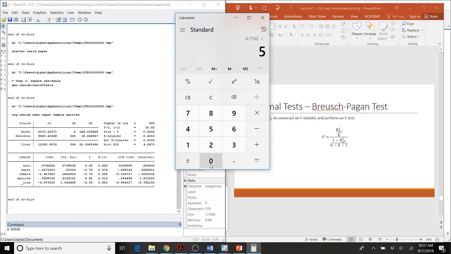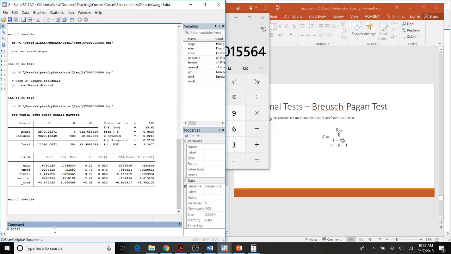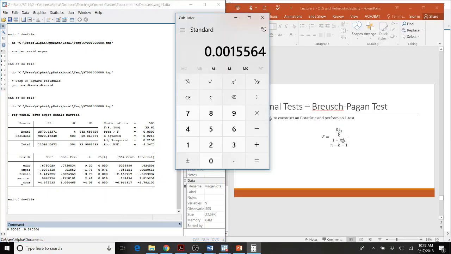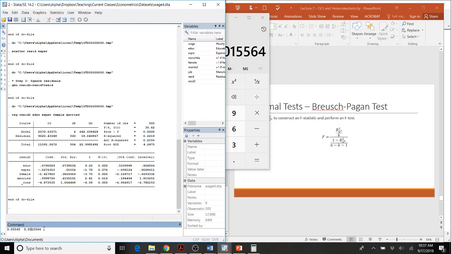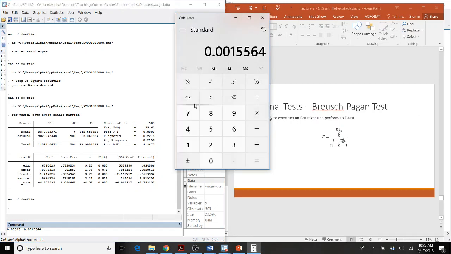So divided by 500. All right, so there we have that number, 0.001556. Oh, it's 2 zeros after the decimal. There we go. All right, and so now let's do the division.